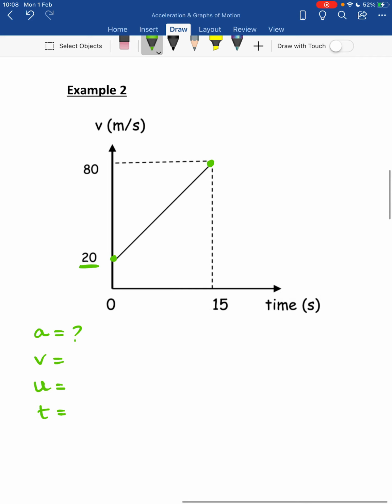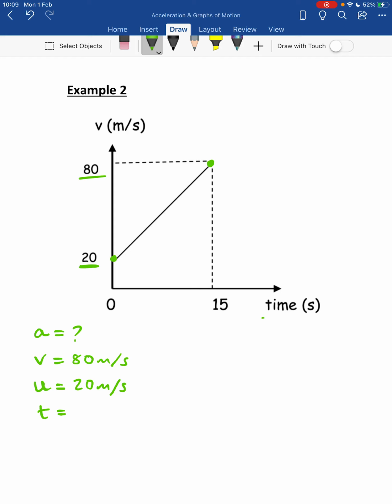Okay, it's not starting at 0. Not all of them will start at 0. Some will be like this one where it's slightly above. So my initial speed is U, and that's 20, because that's where the line begins. And the line ends on the top right hand side across from 80. So my final speed V is 80 meters per second.